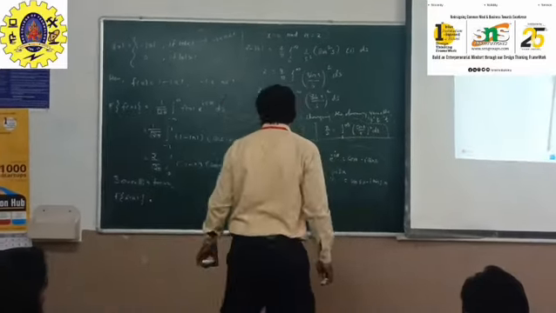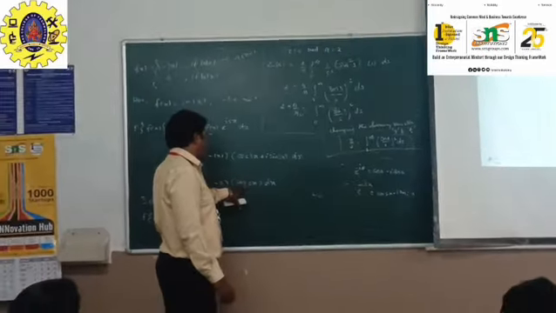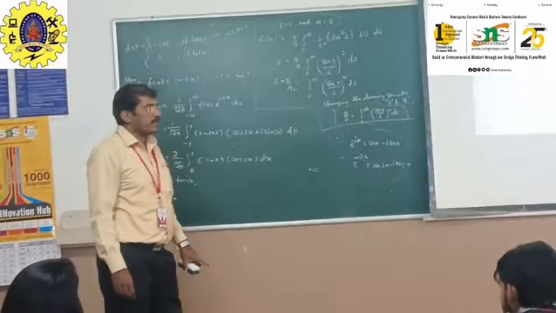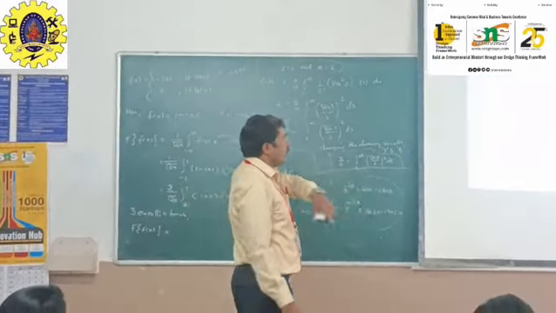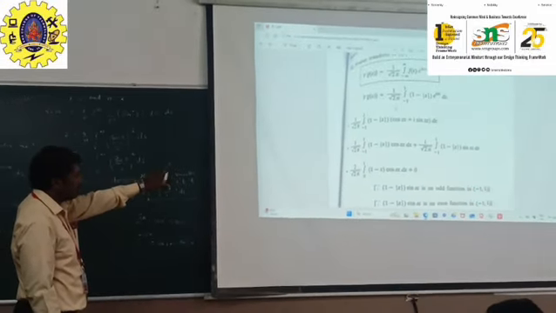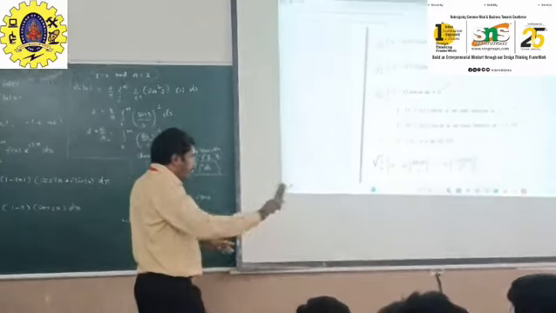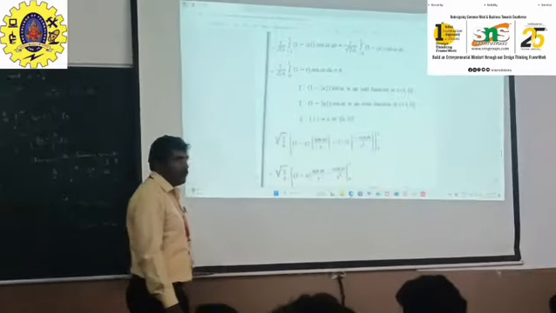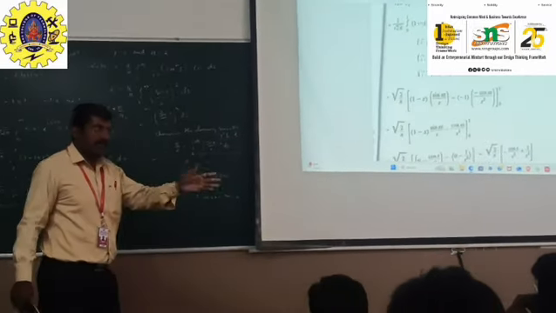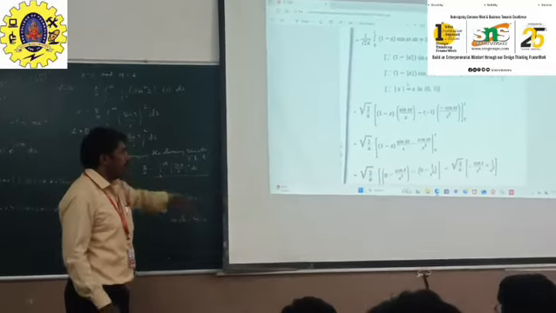So here 1 minus x is taken as u and dv is taken as cos sx. So when you solve this using Bernoulli's formula, by substituting in the uv minus u dash v1 expansion, you get the final answer.